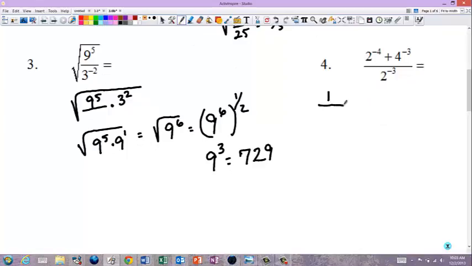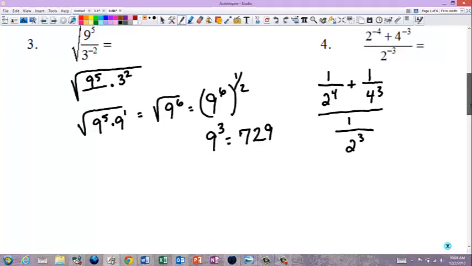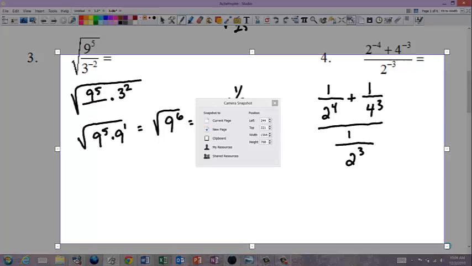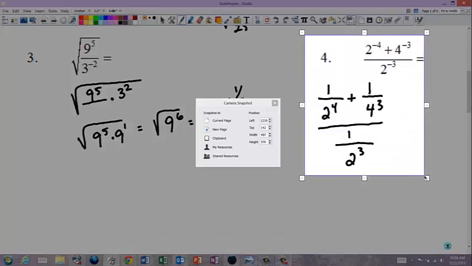That's 1 over 2 to the 4th plus 1 over 4 to the 3rd over 1 over 2 to the 3rd. If I get a common denominator on the top, I'll take this to a new page so I have more room.